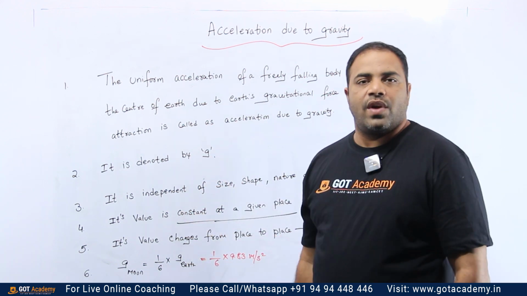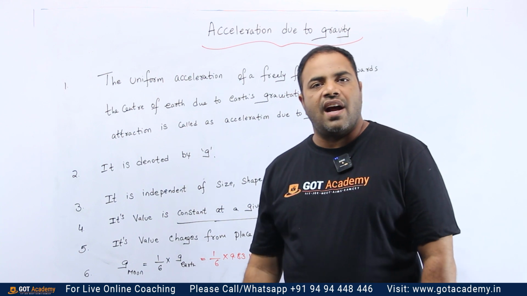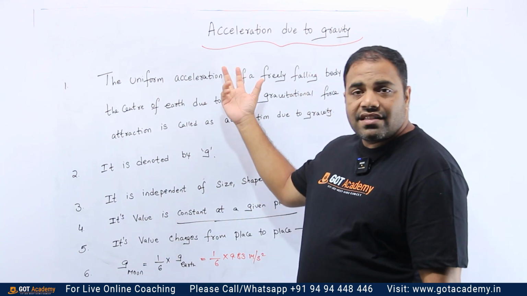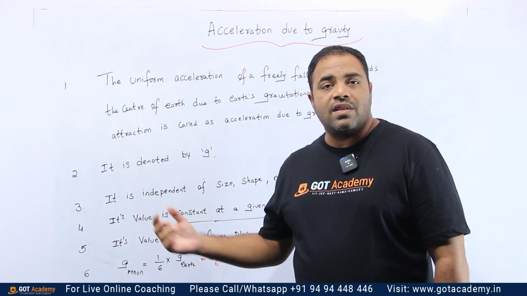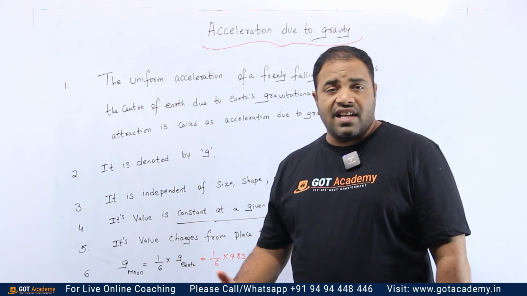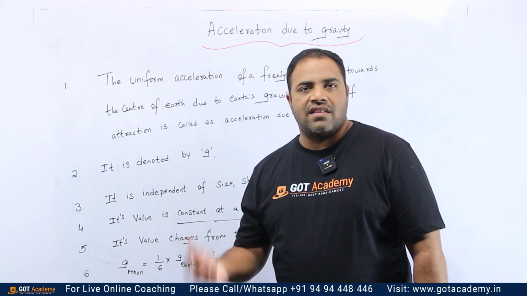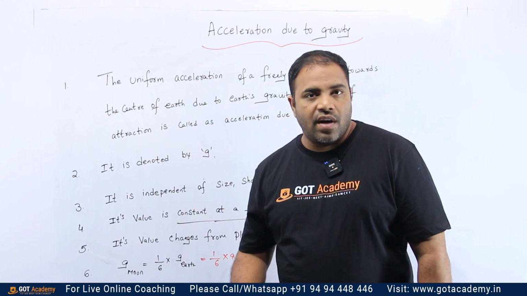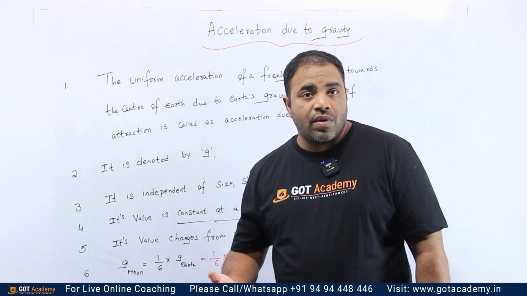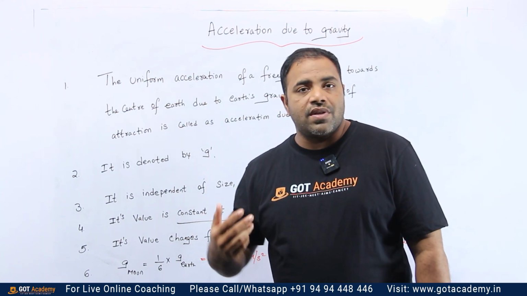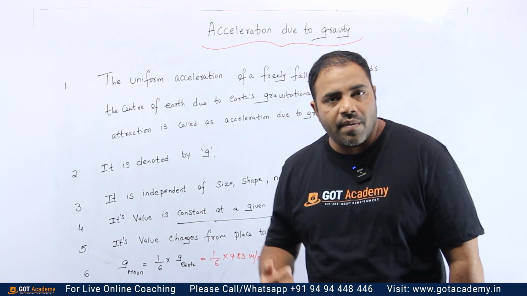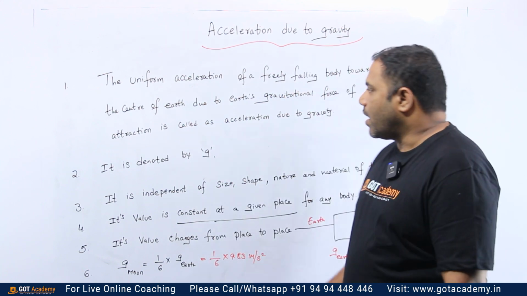So based upon this, we are going for the next topic, that is motion under gravity. If you know what is acceleration due to gravity, then we can understand what is motion under gravity. So in this, we are going to study again 3 different cases: for a freely falling body, as well as for a body projected vertically upwards and a body projected vertically downwards. Is it clear, my dear children? Have a note of this.